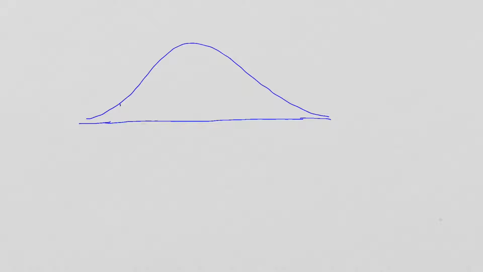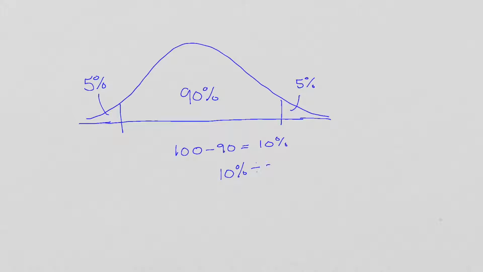If we have 90% in the center, that means that each of the tails is going to have 5%. Since we have the middle 90%, 100% minus 90% gives us 10% left over, but there are 2 tails. So we take the 10% and divide it by 2, and that gives us 5% in each tail.